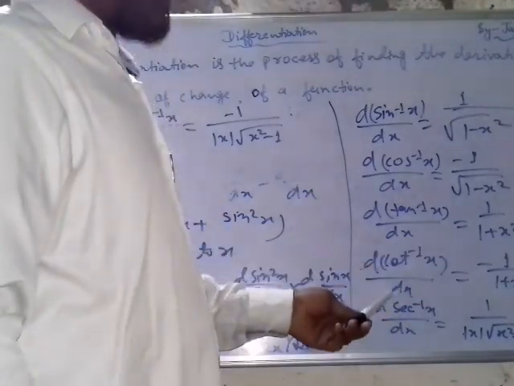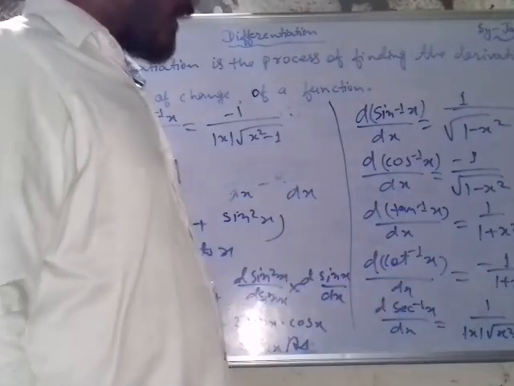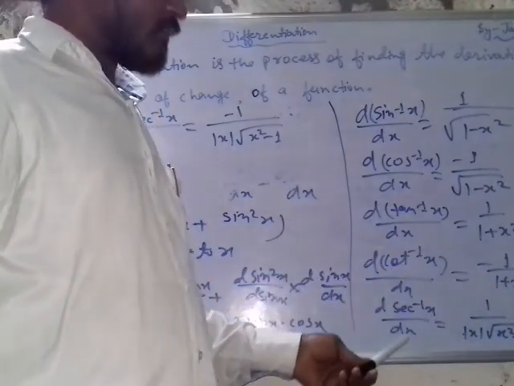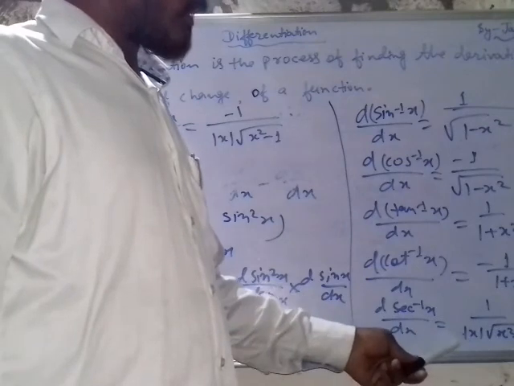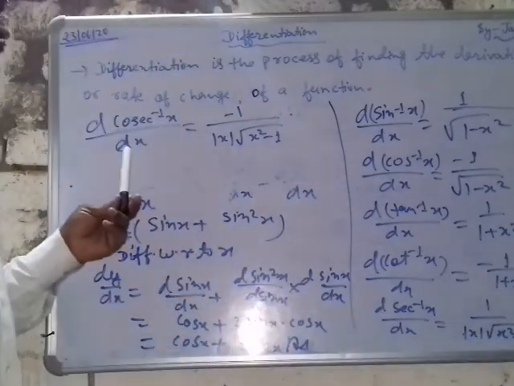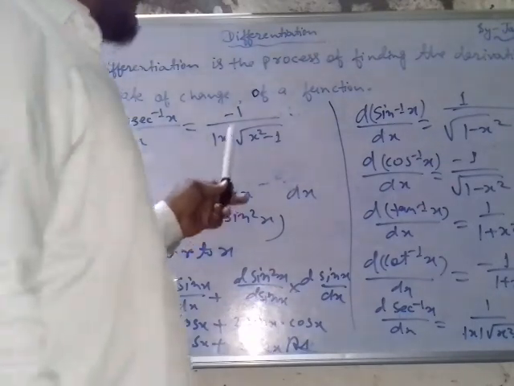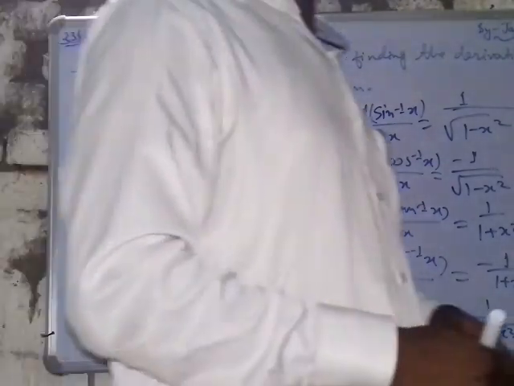Differentiation of cot inverse x equals to minus 1 by 1 plus x square. Differentiation of sec inverse x equals to 1 by mod x root under x square minus 1. Differentiation of cosec inverse x equals to minus 1 by mod x root under x square minus 1.